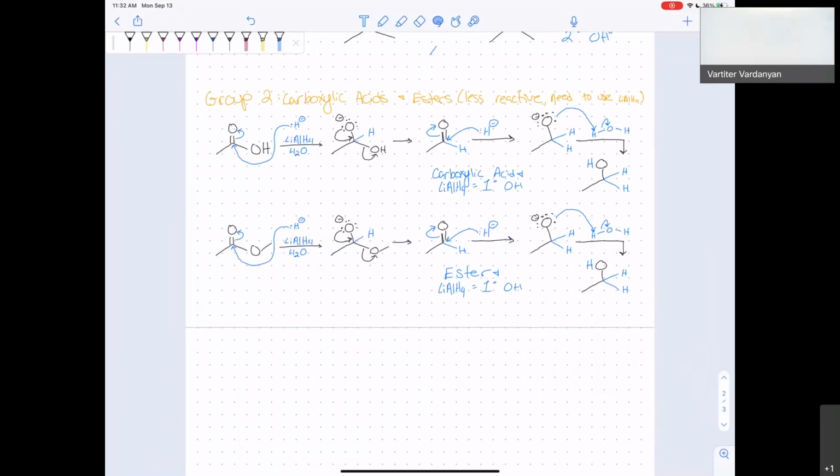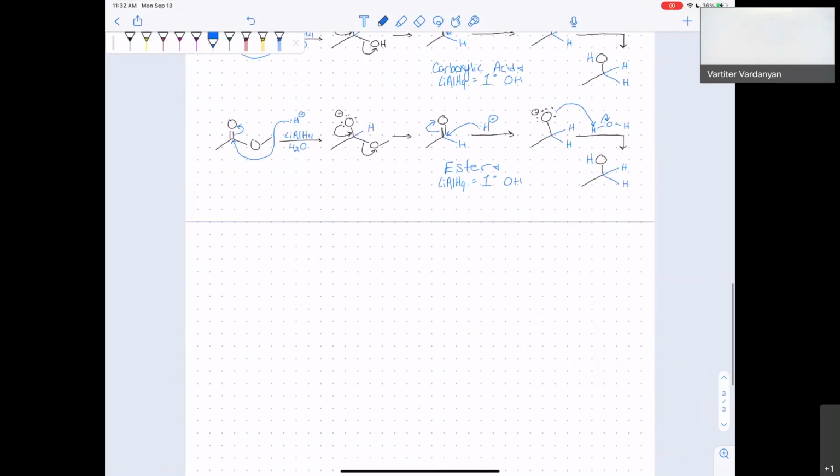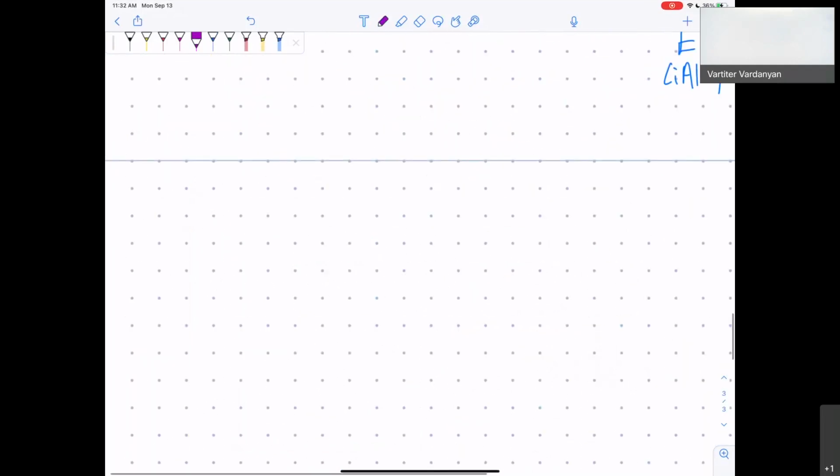So now we're going to segue this into something called the Grignard reaction. What is that? And the way it's spelled is even worse. The Grignard.